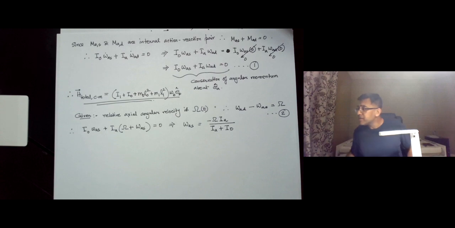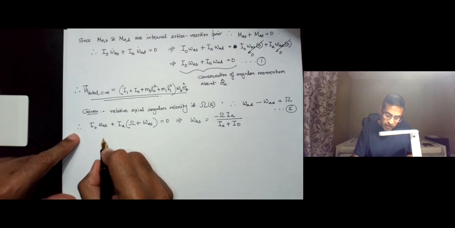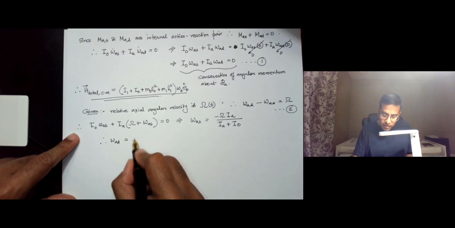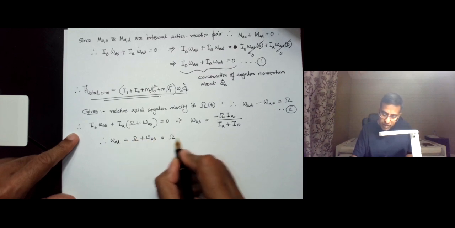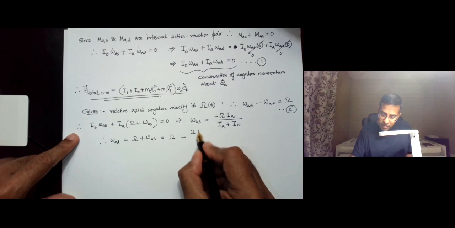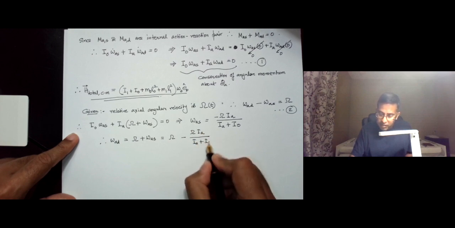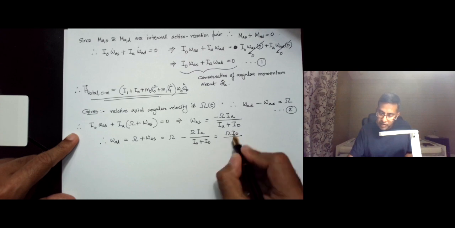We just check the result. Yes. And similarly, omega AD is going to be capital omega plus omega AS, which is capital omega minus omega IA divided by IA plus I0, which is going to be omega I0 divided by IA plus I0.